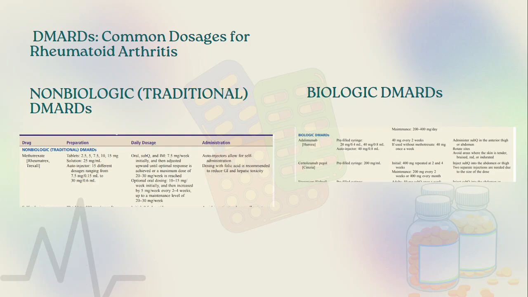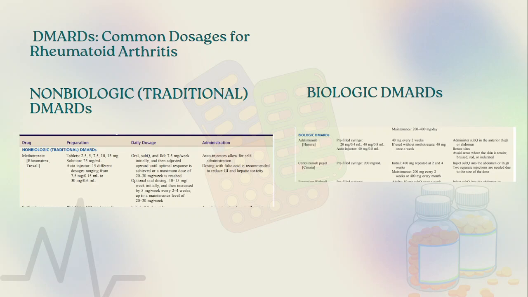They work by suppressing the overactive immune response that causes inflammation and damage to the joints and other affected tissues. Here are some examples of non-biologic disease-modifying anti-rheumatic drugs.